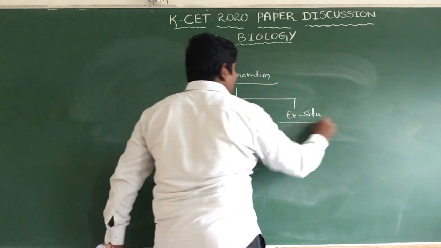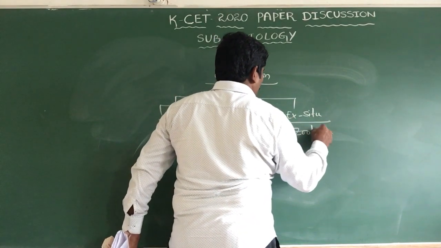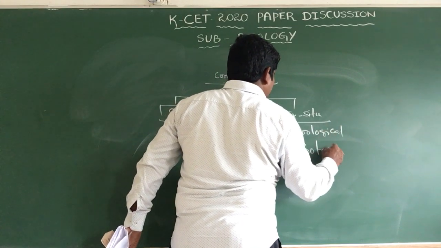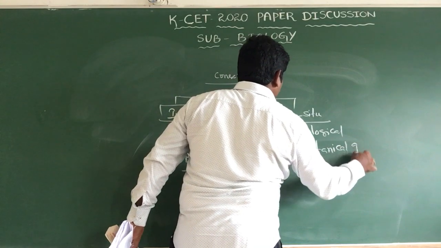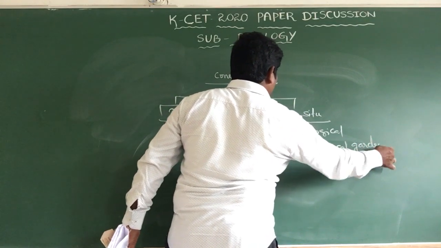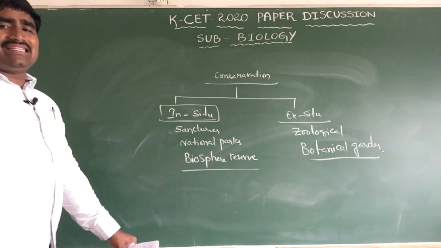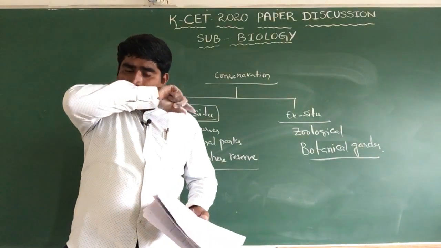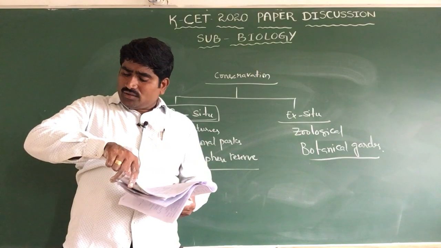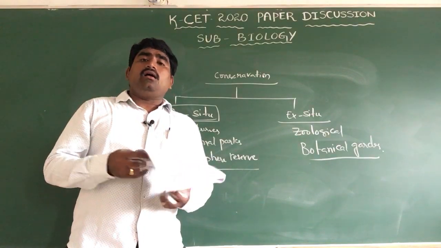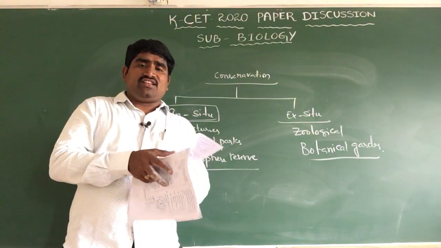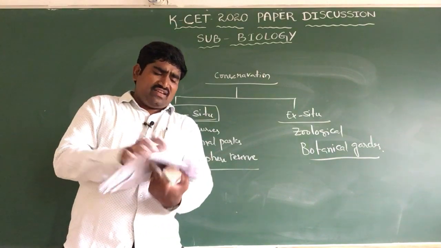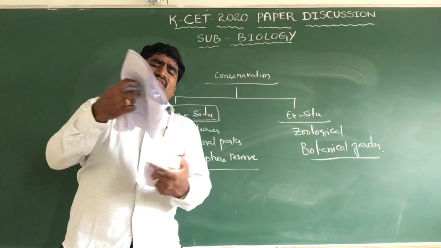But ex situ conservation includes zoological parks and botanical gardens. A botanical garden comes under ex situ conservation, meaning the conservation of plants and animals takes place other than in their natural habitat. Botanical garden is an example of ex situ conservation.